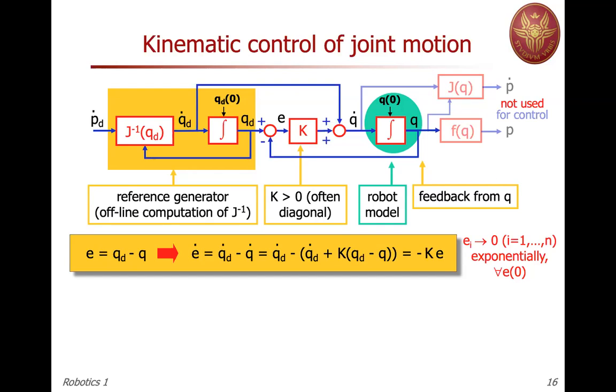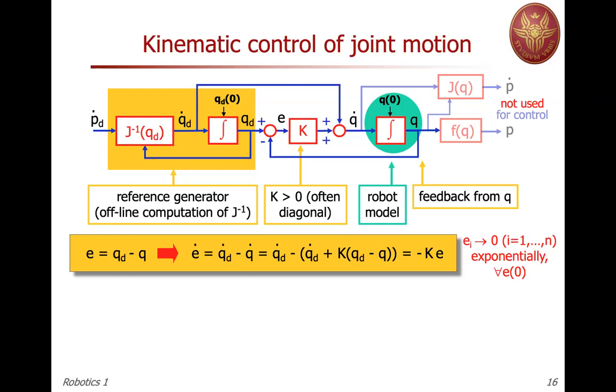Now, during this transient, remember that an exponential will go to 0 if it's converging when t goes to infinity. In practice, if you take 2 or 3 times the time constant of the exponential, which is the inverse of K, so 1 over K, then you're practically at 0.